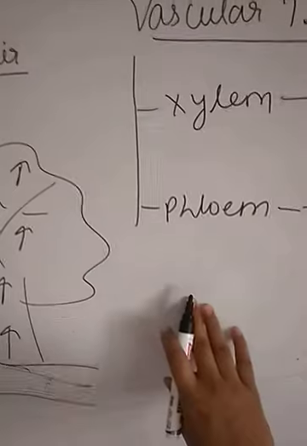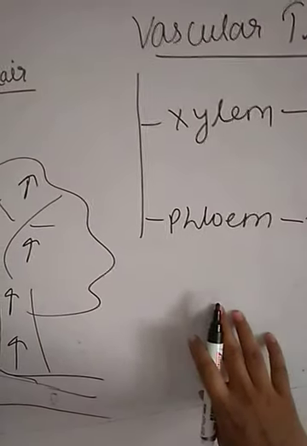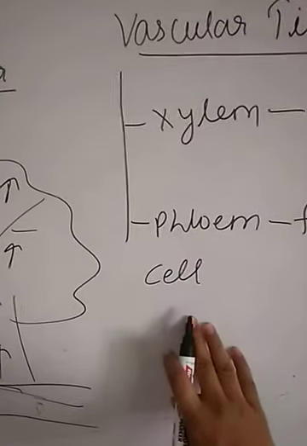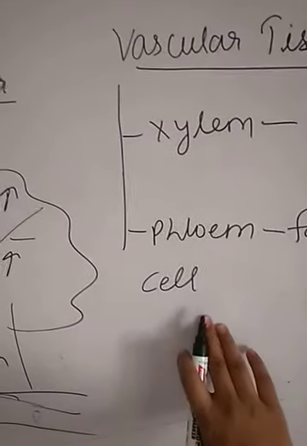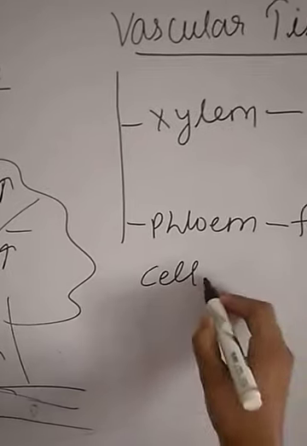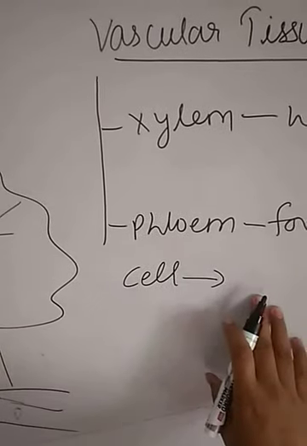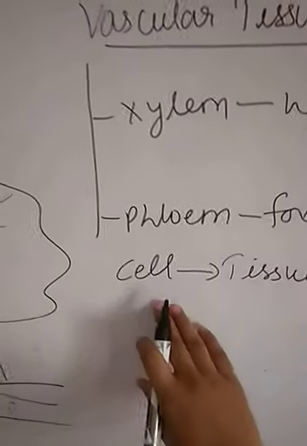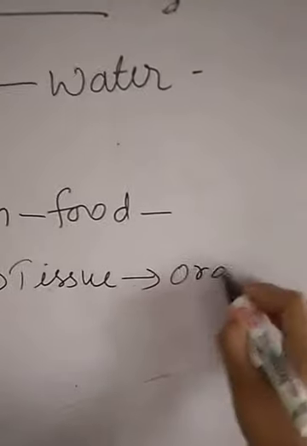Children, you all know that the body of all living organisms is made up of very tiny particles which are called cells. And the cell is the structural and functional unit of all living organisms. It performs all the functions and it gives a structure to that organism. And the group of cells which perform a specified function in the body is called tissue. So cells combine to form tissue. Tissues combine to form organs.